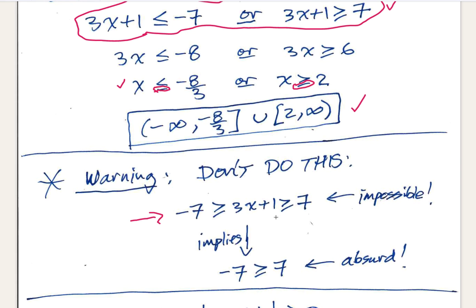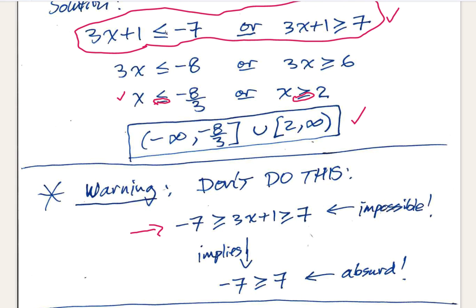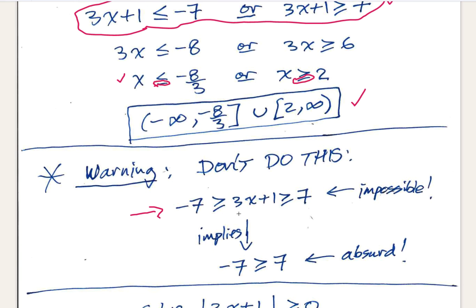So it goes like this. Negative 7 is greater than or equal to 3x plus 1 is greater than or equal to 7. Do you see what the people did? How they just put these two together in a single line here. This is impossible because let me show you what this implies.